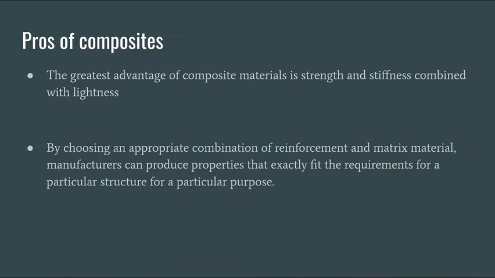So, what that really means is that you have full leeway on what you want to do. You can put this type of reinforcement and this type of matrix into a product and it will have the properties that you want it to.